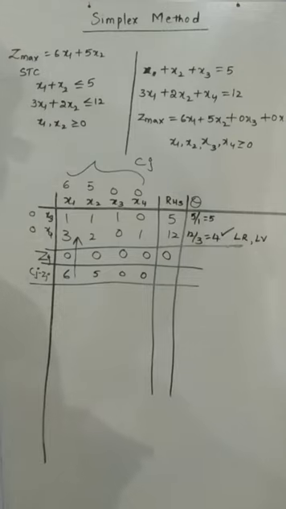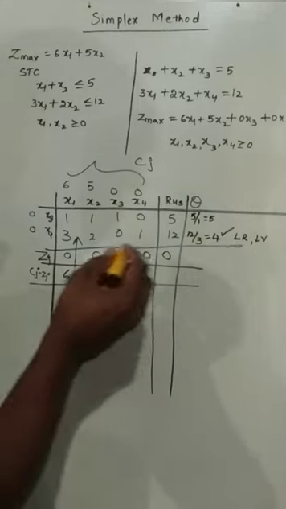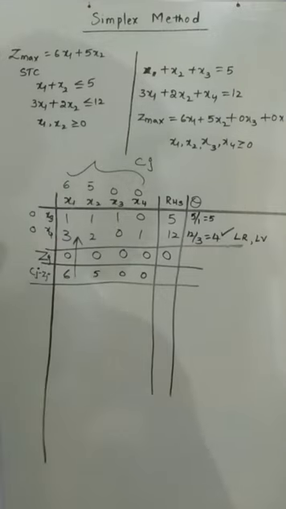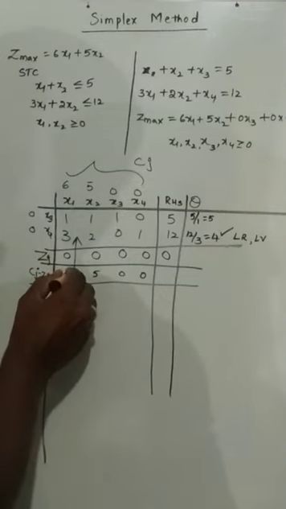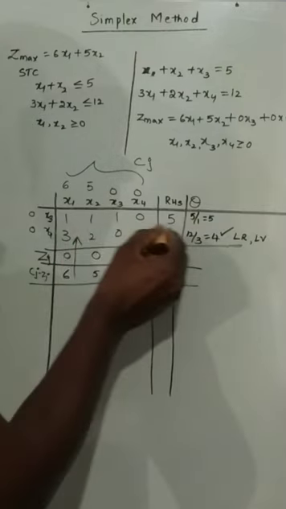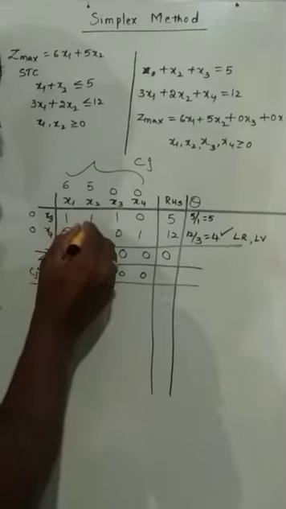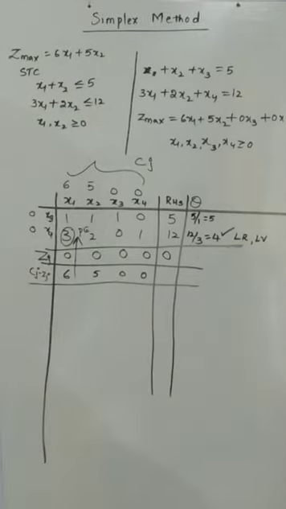After that, you have to mark the pivot element. The pivot element is the intersection of the entering variable and the leaving variable, so that value will give the pivot element. Once you identify the pivot element and which variable is going out, you have to go for the next iteration.